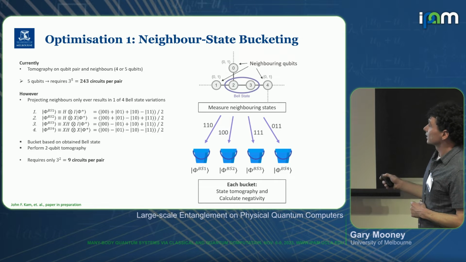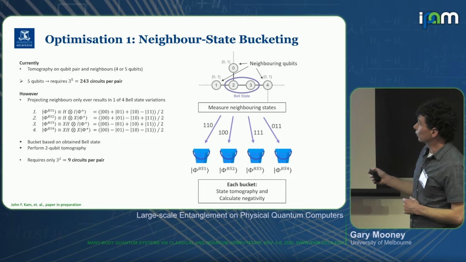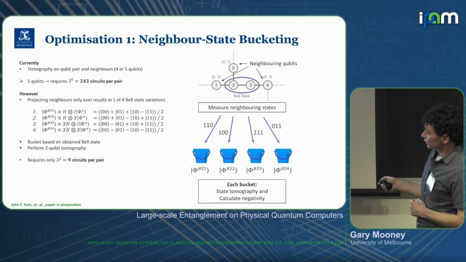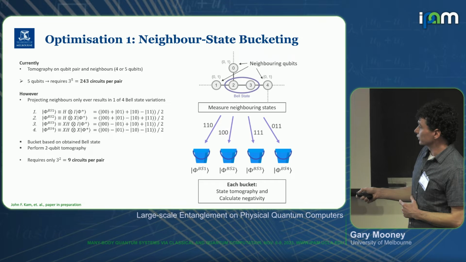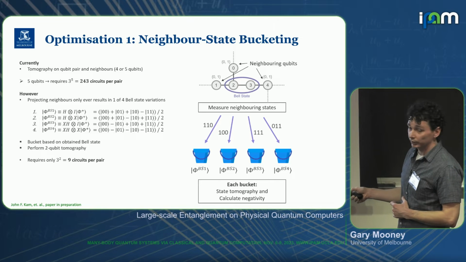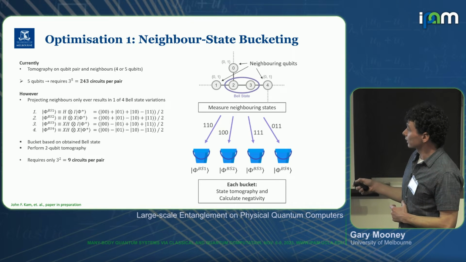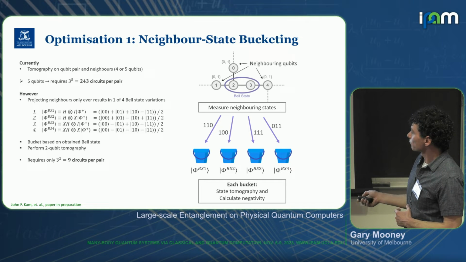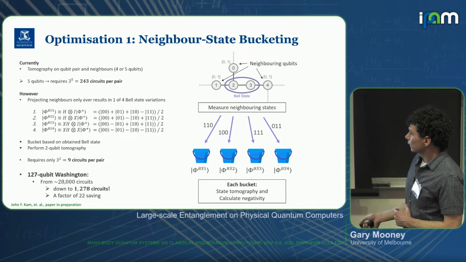And that means that we don't need to do tomography on all 5 qubits anymore. We only need these 2 qubits. But we end up with 4 different sets of results, and we can just calculate the tomography on those. And so it reduces it down to only 9 circuits per pair instead of up to 243. Yeah, and that reduces it down by a factor of 22.